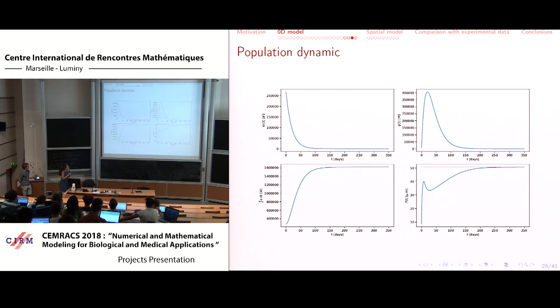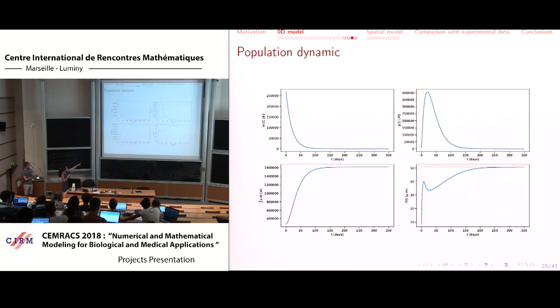Okay. So this is the first simulation. In this slide, we can see the number of cells with respect to time. In the first plot, we have the trend of the mesenchymal cells. So what we see is that they tend to 0, according to what we expected from the parameter setting.